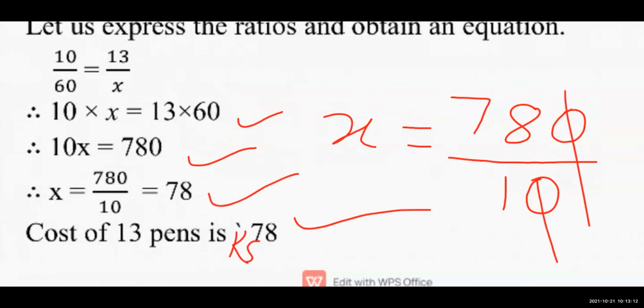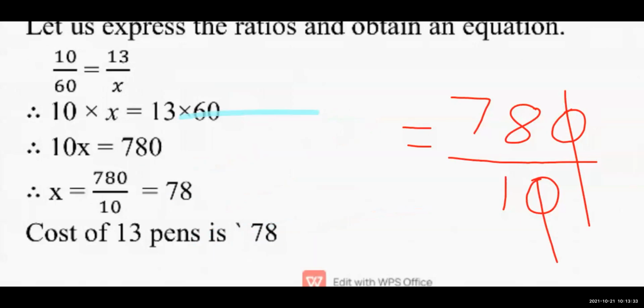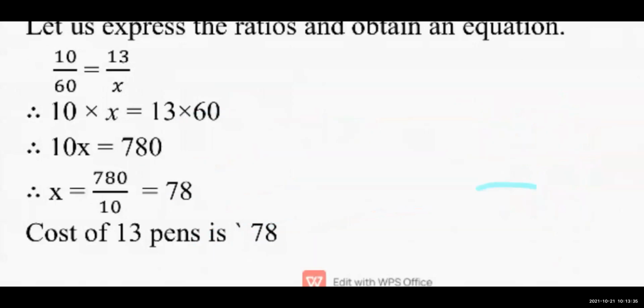We have to write first the ratio, then cross multiply, then divide, and exactly we are getting the answer that is 78 rupees for the 13 pens. So here I think everyone has understood how to find the direct proportion of a particular sum.